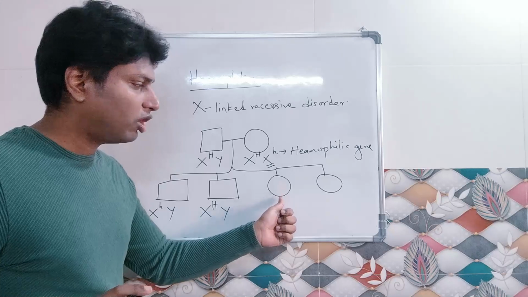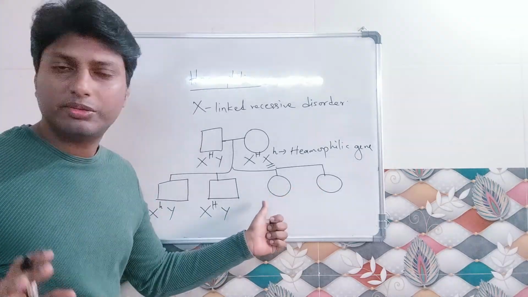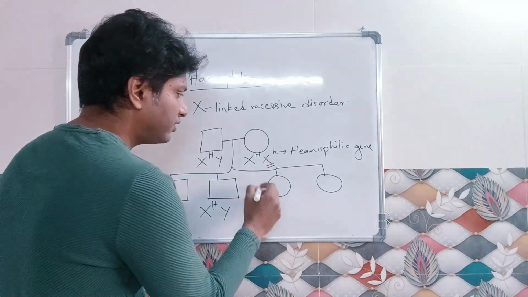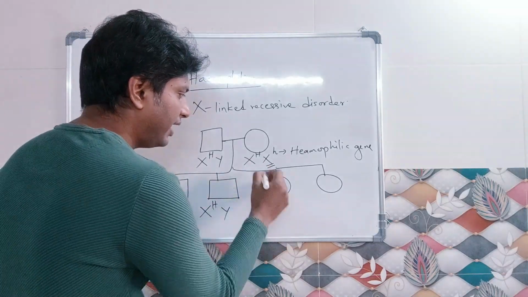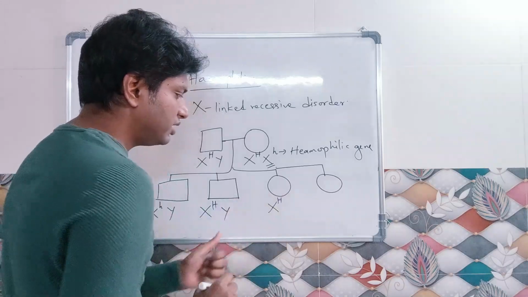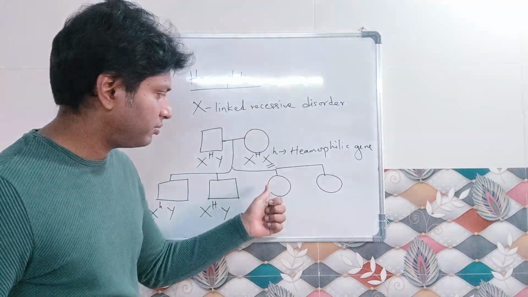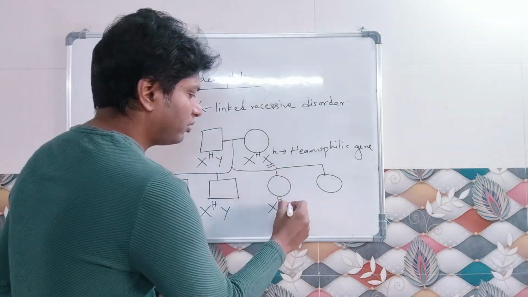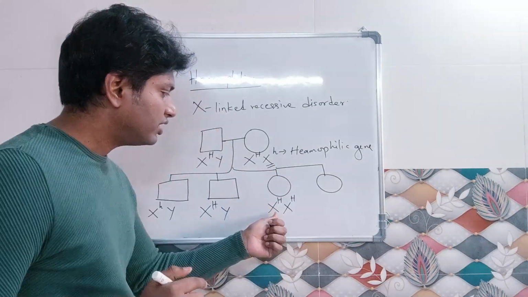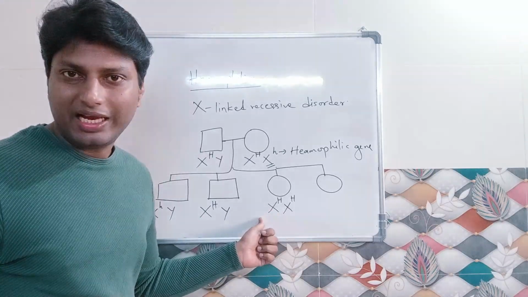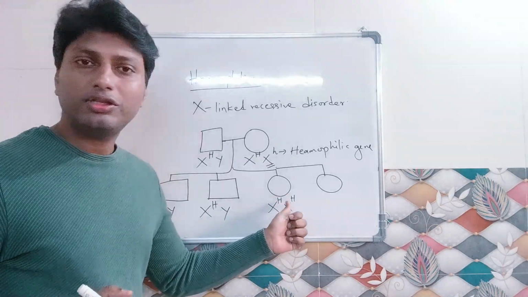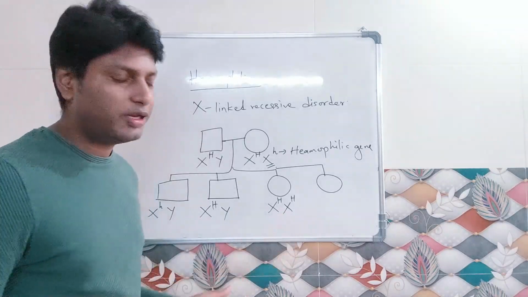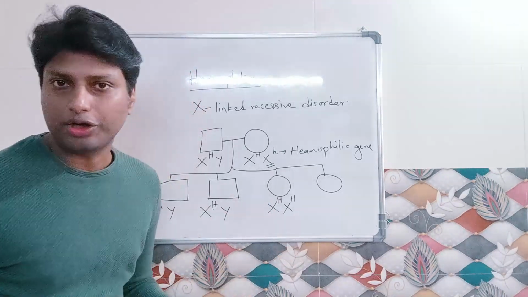If you talk about the daughters, dear students, there are two possibilities. For example, if the daughter gets one normal gene on the X chromosome from the mother, and the other X is coming from the father, then this daughter has both normal genes, and that's why such a daughter will be a normal daughter.